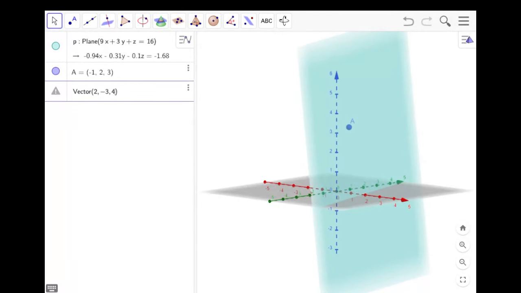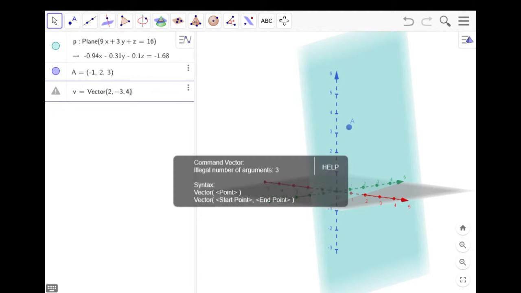So let's call that V. Let's see if that works.